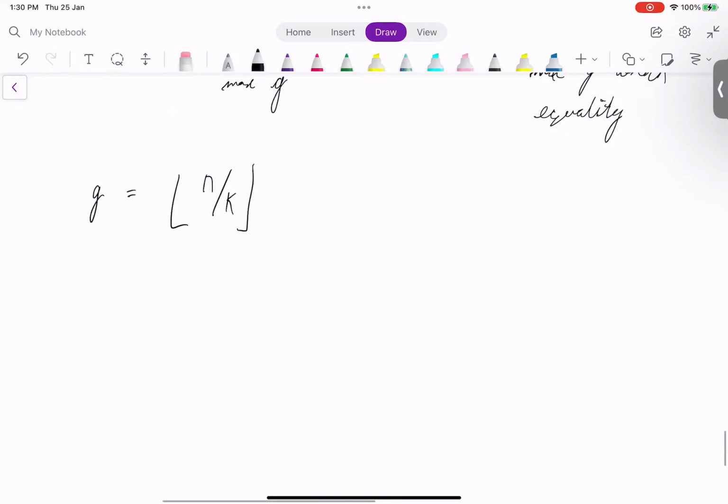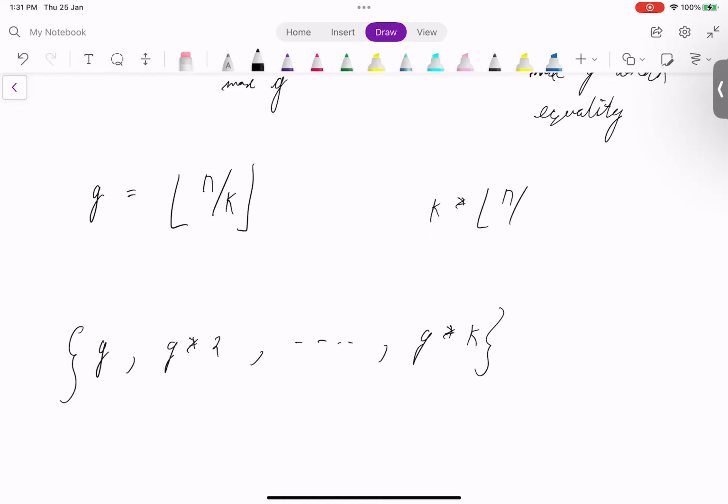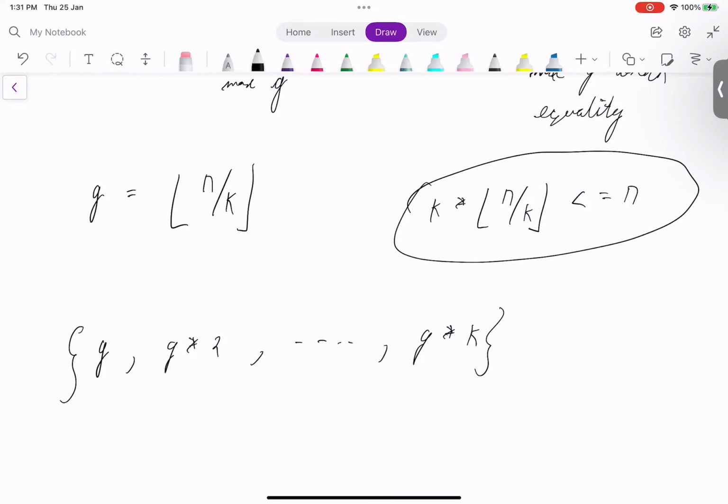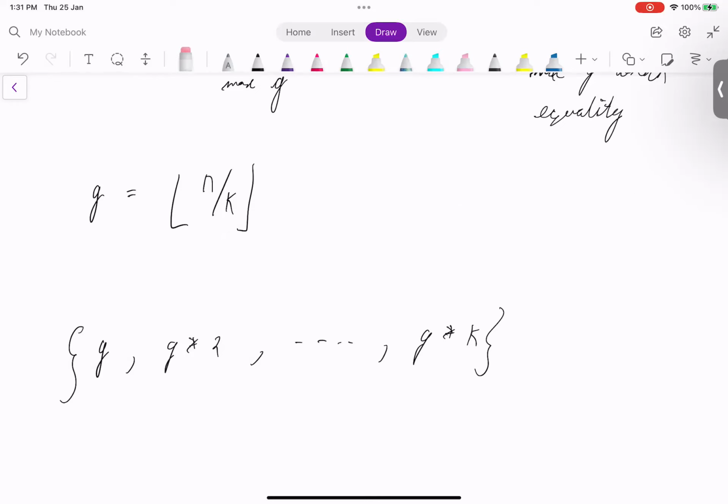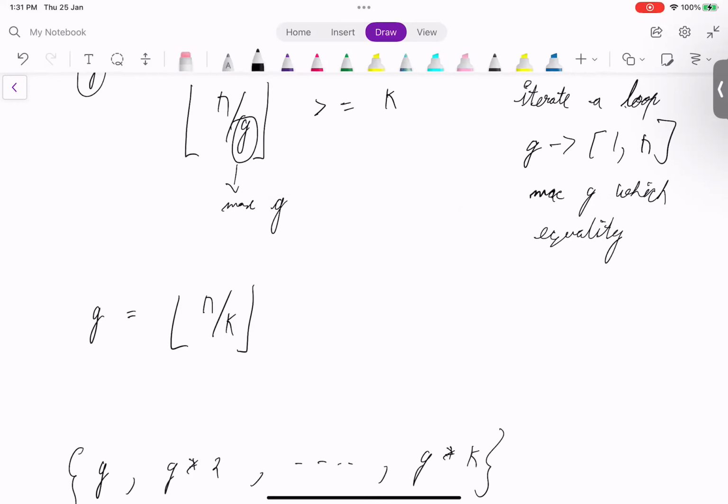What we can do is just print G into 1, G into 2, and so on till G into K. Because we know G is the floor of N by K, K into the floor of N by K is less than or equal to N. That is why K multiples of G always exist, because that was the inequality we deduced.